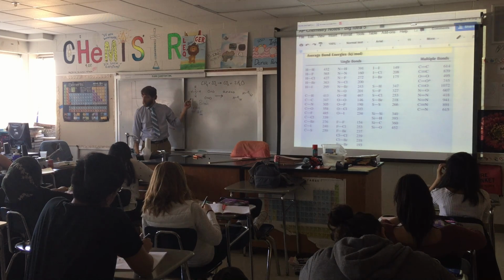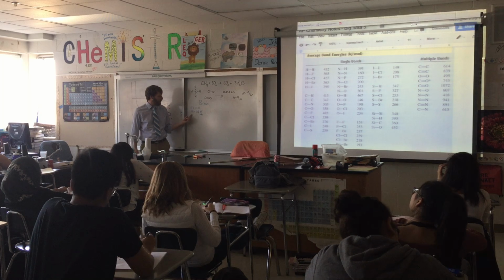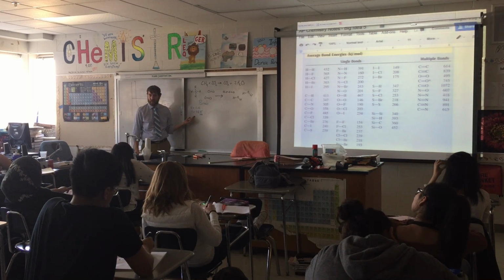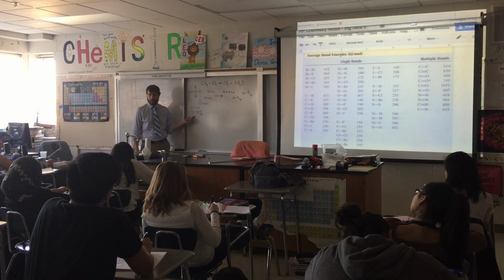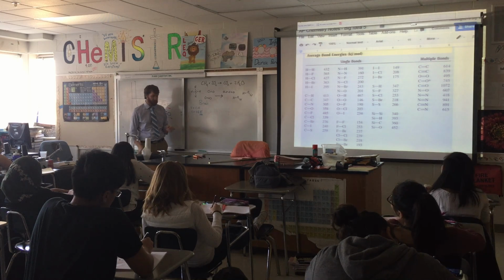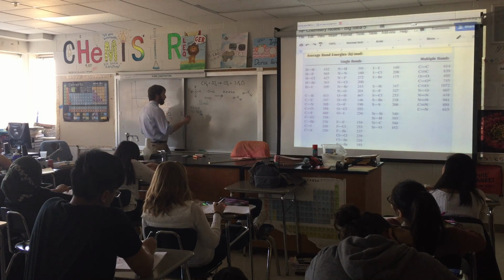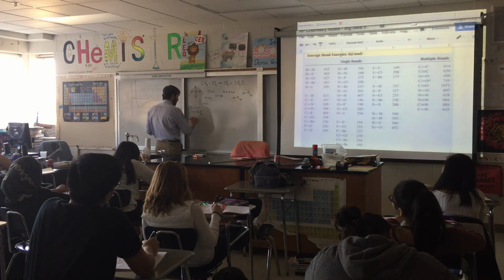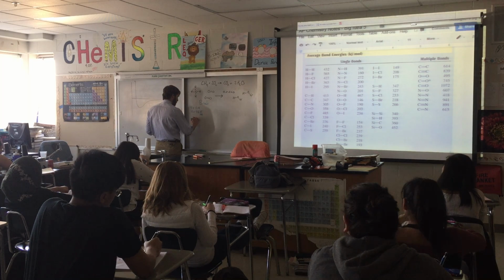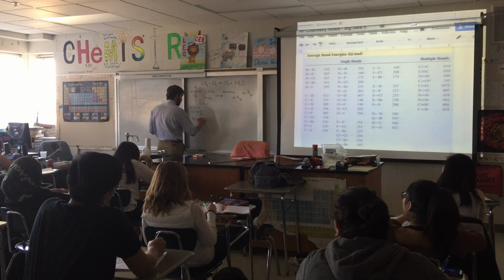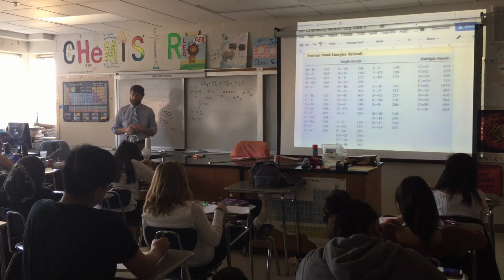We're going to have 4 moles of carbon-hydrogen bonds. So I'm going to multiply the energy of each times the 4 moles of bonds we're breaking. To break apart a mole of methane requires 1,652 kilojoules.